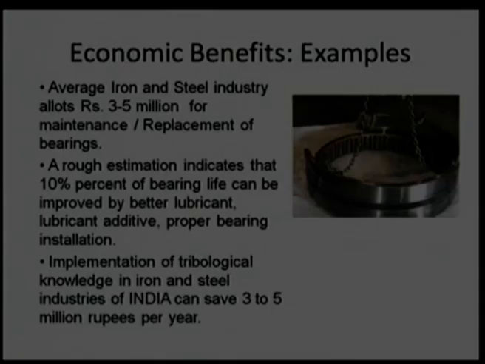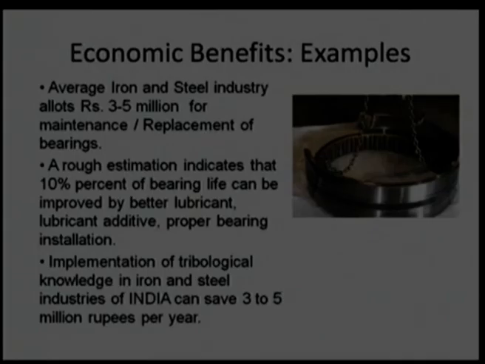The iron and steel industries keep some money for bearing replacement and purchase, kept in inventory. Whenever there is a bearing failure, they simply replace it without diagnosing properly. They generally keep 3 to 5 millions for maintenance and replacement of bearings.